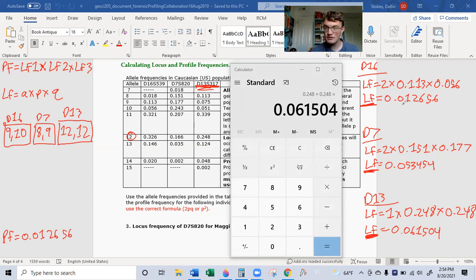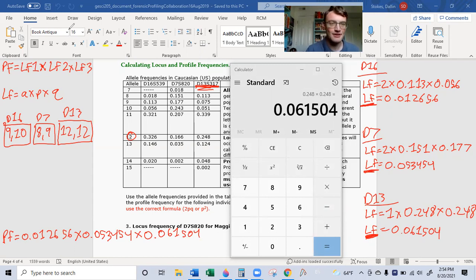I got that from over here. We calculated that. Times locus frequency 2, which is 0.053454, times locus frequency 3, which is 0.061504.